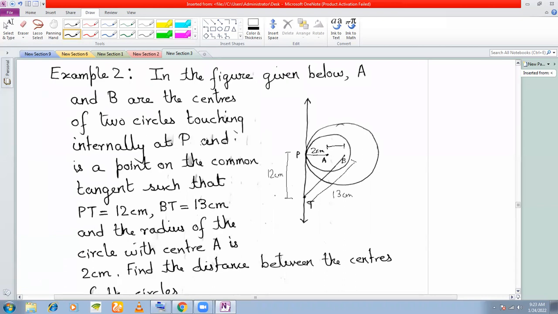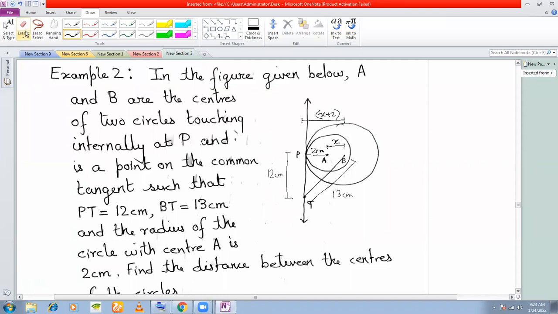Now, how to find out this distance? First of all, if I say the distance between the centers of the circle is x, let us say this is x, because we need to find out this distance. That means what is the radius of the circle with center B? This is the radius, which is x plus 2, right?